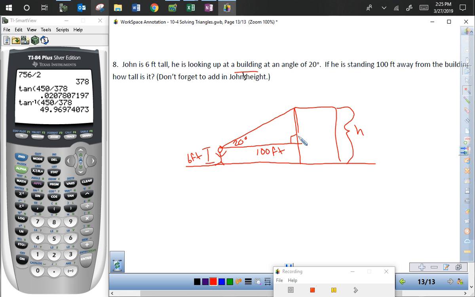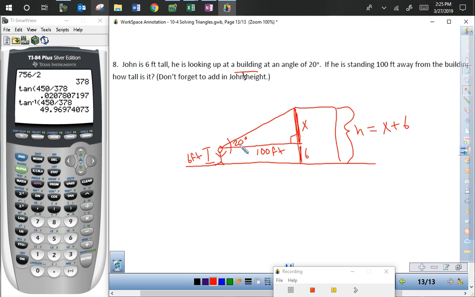But you'll see a piece of this vertical distance is on our right triangle. That'll be our x. Then the rest of it, if John walks over here to the building, this piece is going to be your 6 feet as well. So our height will be just x plus 6. Let's go solve for x.